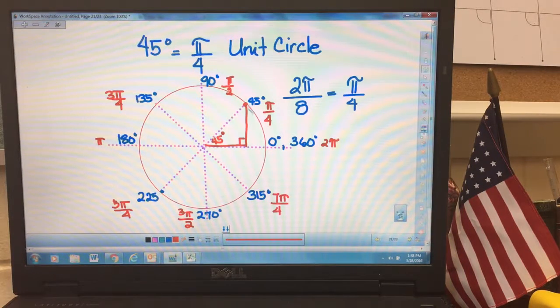And each of the measurements of the legs, if we have a radius equal to 1 unit, is equivalent to square root of 2 over 2. So please take note of that. Square root of 2 over 2 will be the measurement of the x and the y components when the radius is equal to 1.